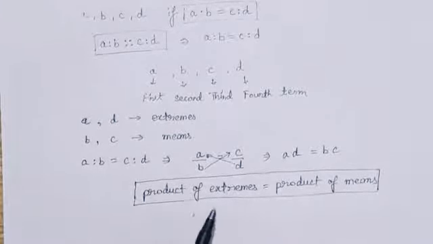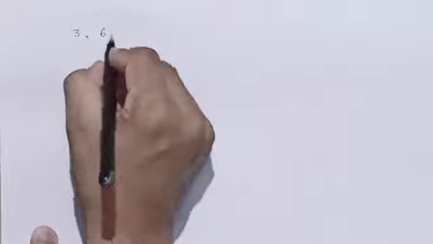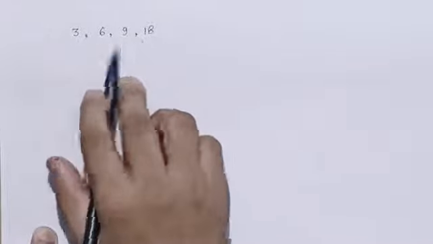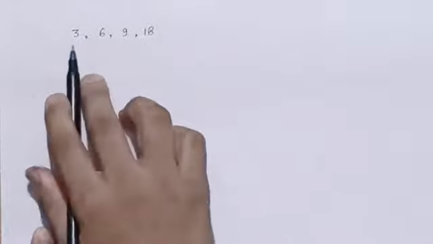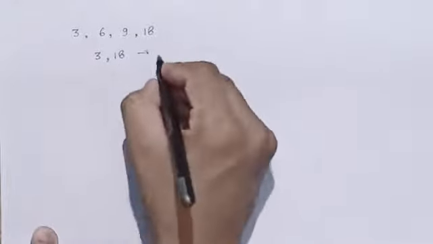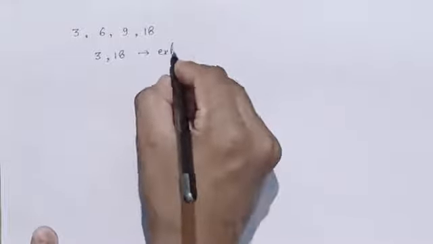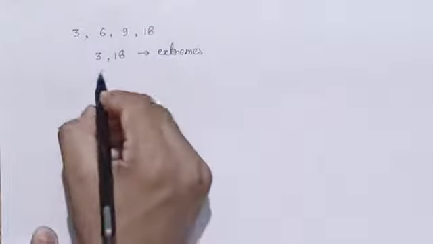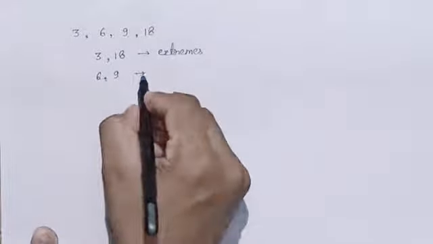Now let us take an example to understand. Suppose we are given four numbers 3, 6, 9 and 18, and we have to check whether they are in proportion or not. Here you can see the numbers 3 and 18 are extremes, while the numbers 6 and 9 are means.